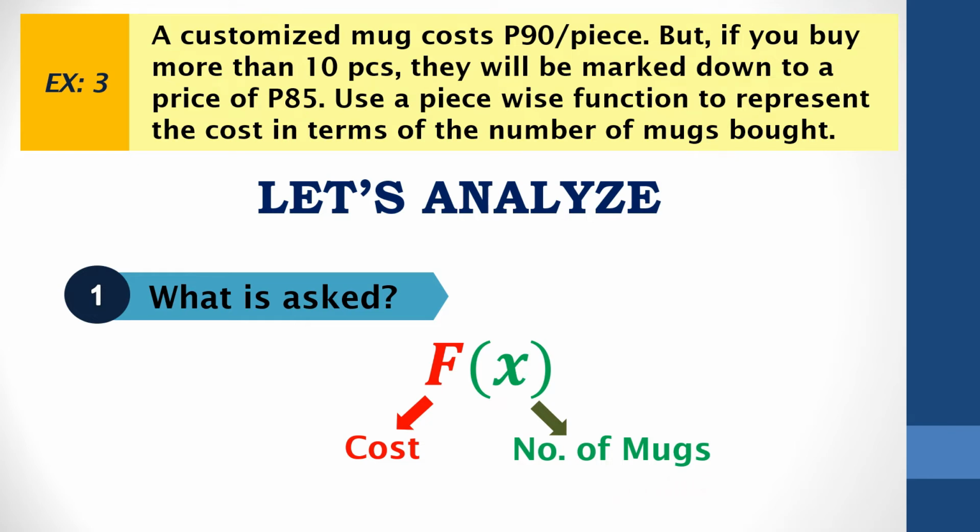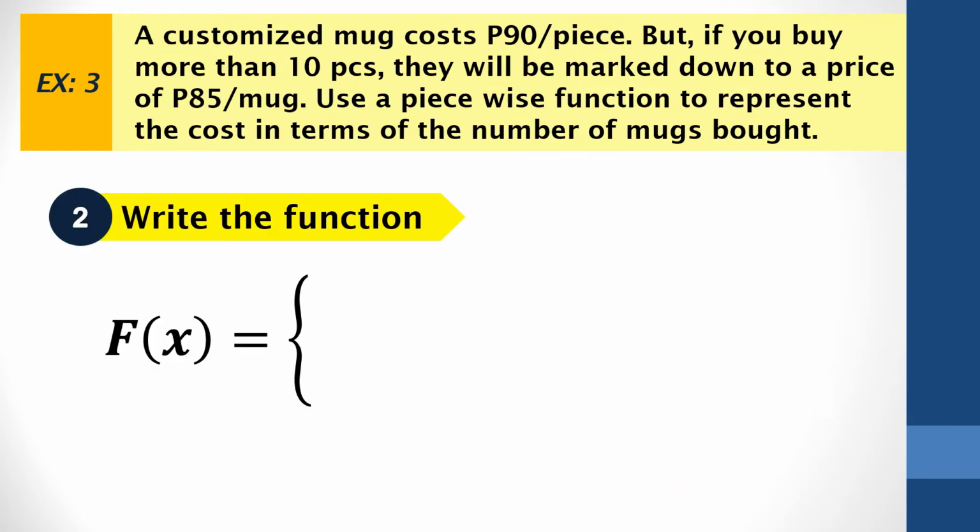Okay, next step is to write the function. So, meron na po tayo nakalagay dito na tinatawag natin nga brace. So, itong brace na to, nagsisignify siya na ito ay isang piecewise function kasi marami na pong conditions yung binigay sa ating problem. So, hindi lang po isa.